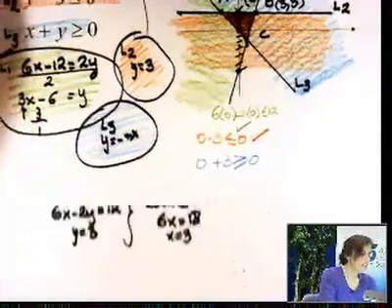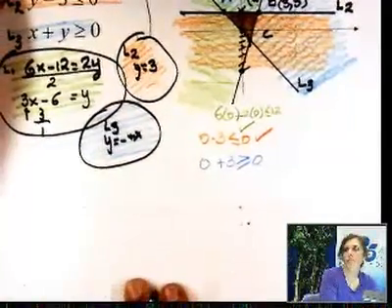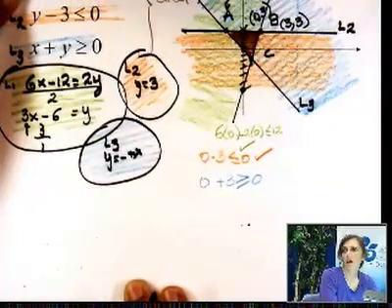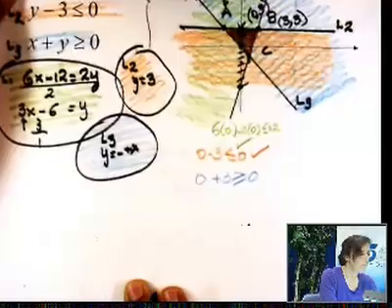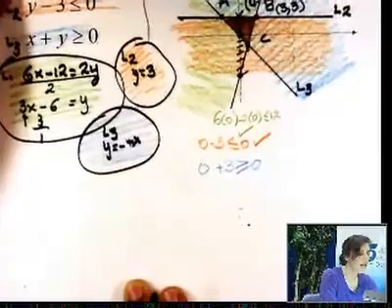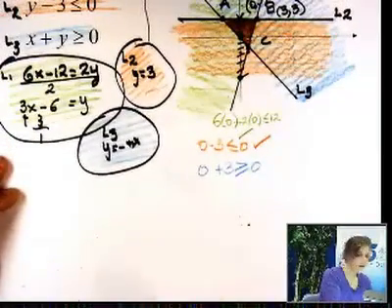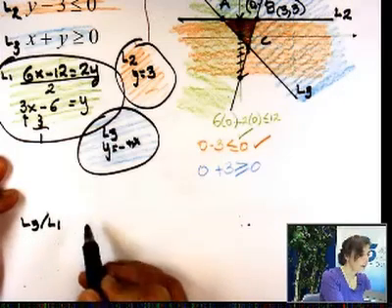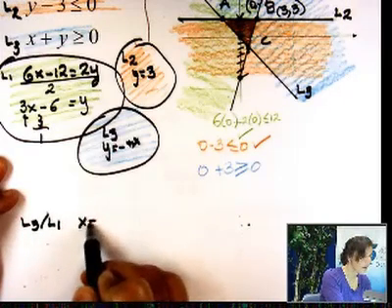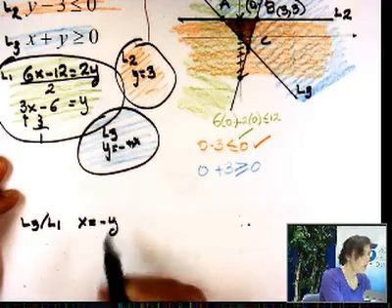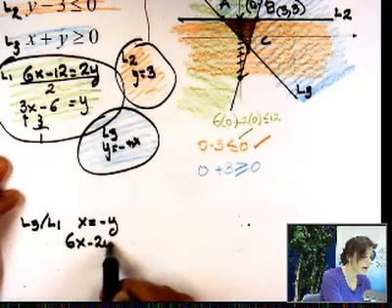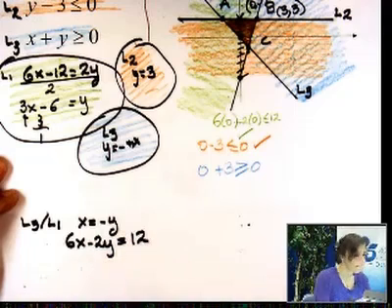C is the intersection of L3 and L1. Okay, so let's do that. L3 and L1. What is L3? X equals negative y. What is L1? 6x minus 2y equals 12.